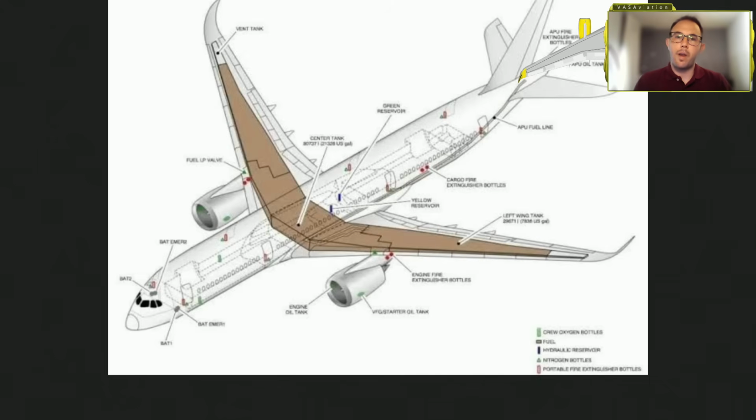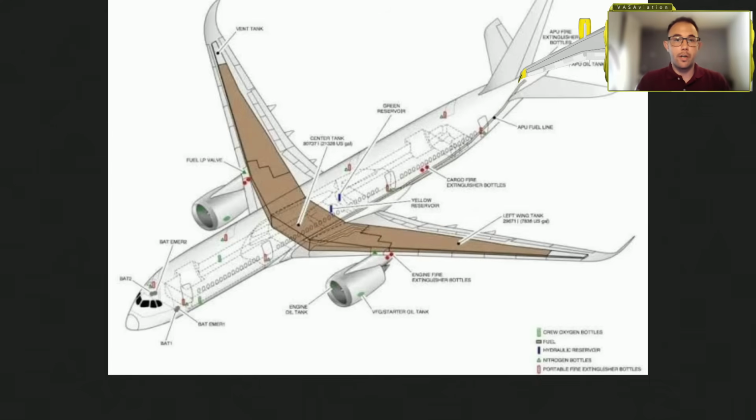So here's a diagram of the Boeing 787 fuel tanks. We have a left fuel tank, a right fuel tank, and also a center fuel tank. Unlike the aircraft that I fly, and I will talk about it just now because I will use some checklists and some diagrams so you can understand the importance of fuel filters.